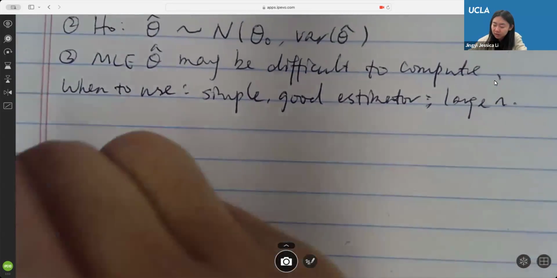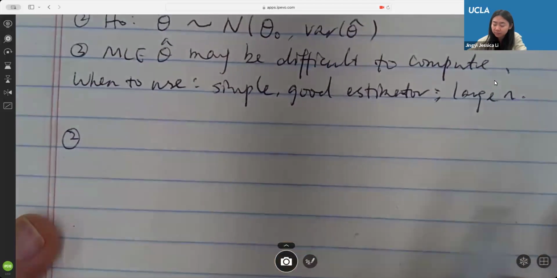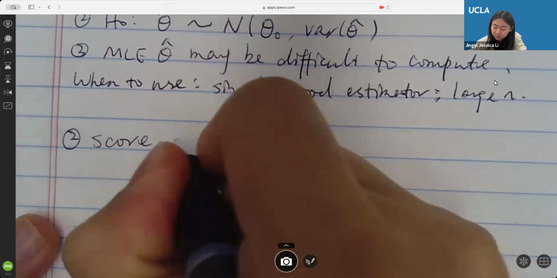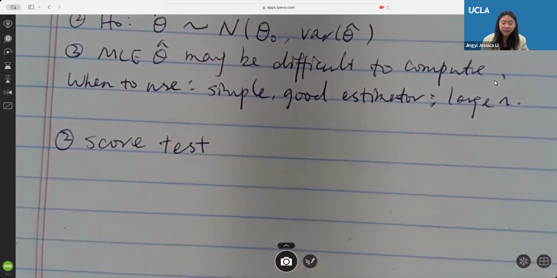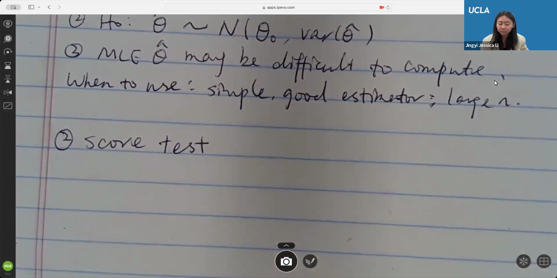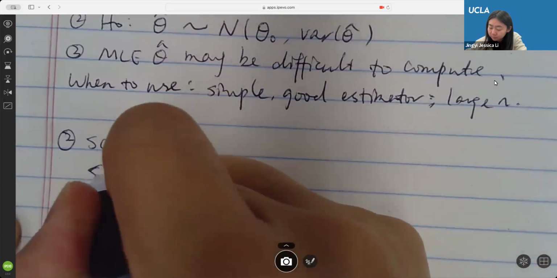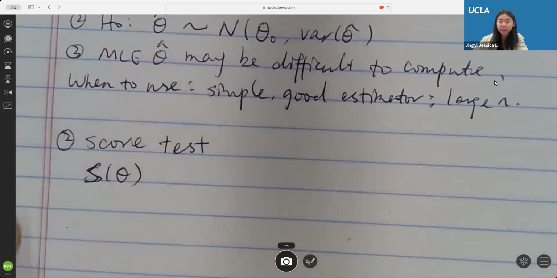How about the score test? Let's talk about the second thing. The score test, the name depends on the score function. Essentially the score function is called S of theta.